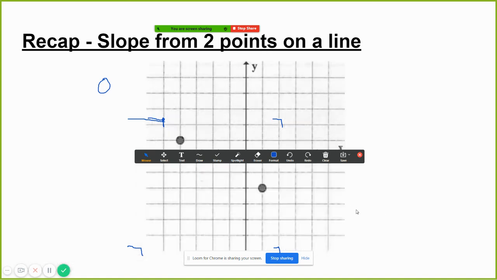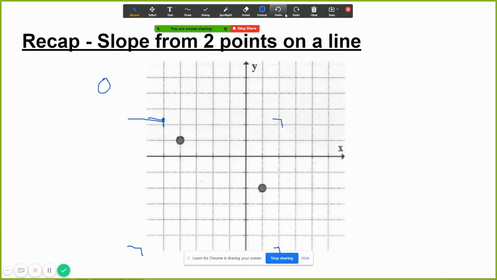So let's see how many more we have. Okay, we have 2 more. I'm going to move this up. And let's clear it off. And we're going to find the slope from these 2 points. Just for a recap, and let's draw. So we're going to rise 1, 2, 3.